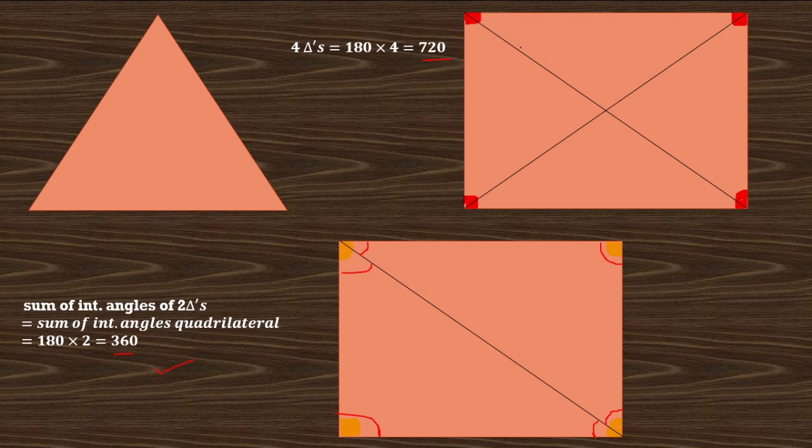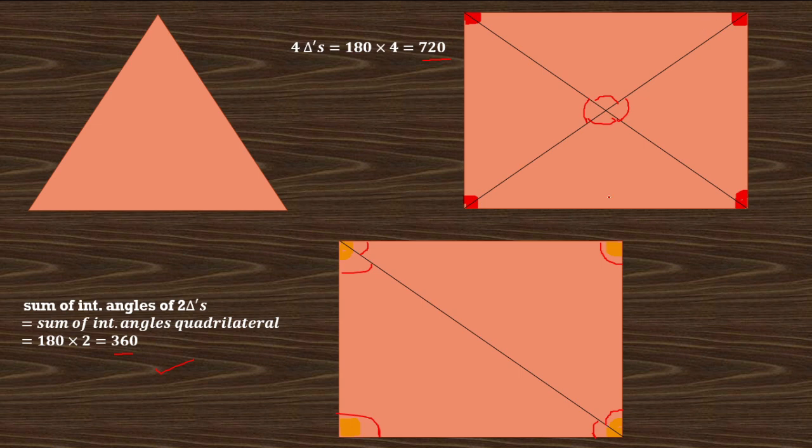Here you can see this is also an angle of a triangle, but not of the quadrilateral. This is also, this is also, this is also. So here we had 6 angles of the triangles, and here we have how many? 1, 2, 3, meaning we have 12. So what is extra?